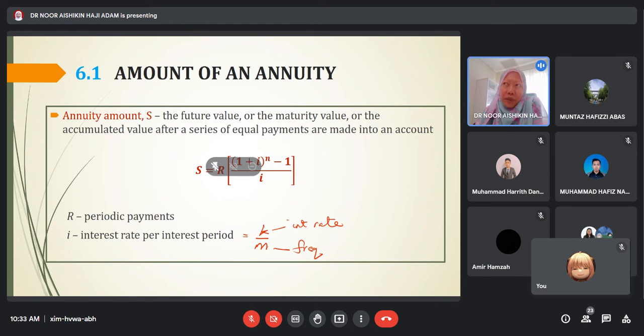Okay, so kalau you buat compounded monthly, what is M? 12. Kalau compounded atau you buat payment every 2 months, what is M? 6.